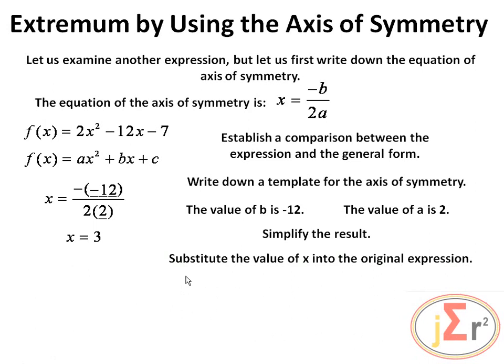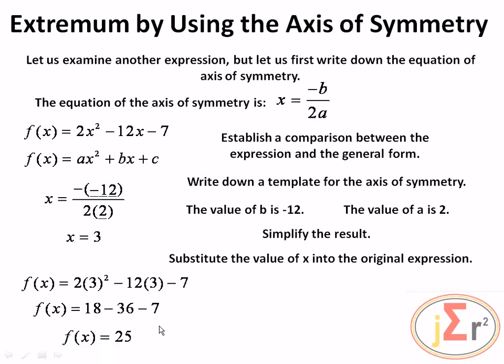Substitute the value of x into the original expression: 2 times 3 squared minus 12 times 3 minus 7. So we square 3, we get 9. Multiply that by 2, we get 18. 12 times 3, so we have a negative 36, and our constant value is also included.